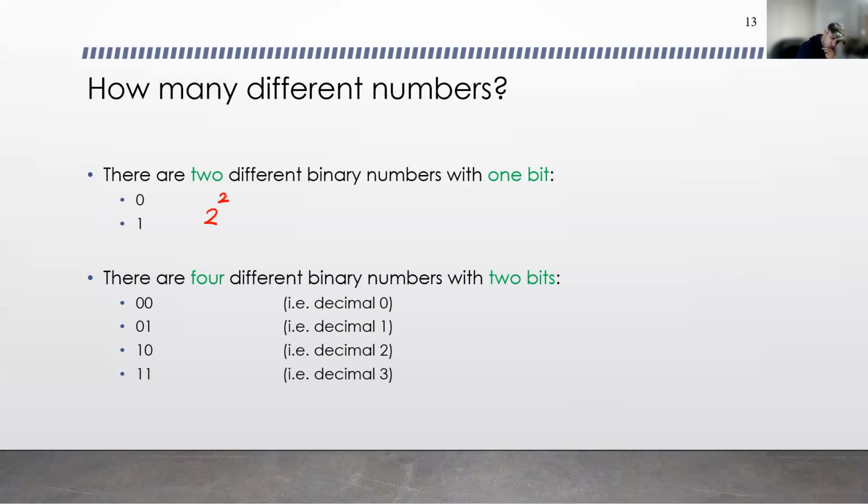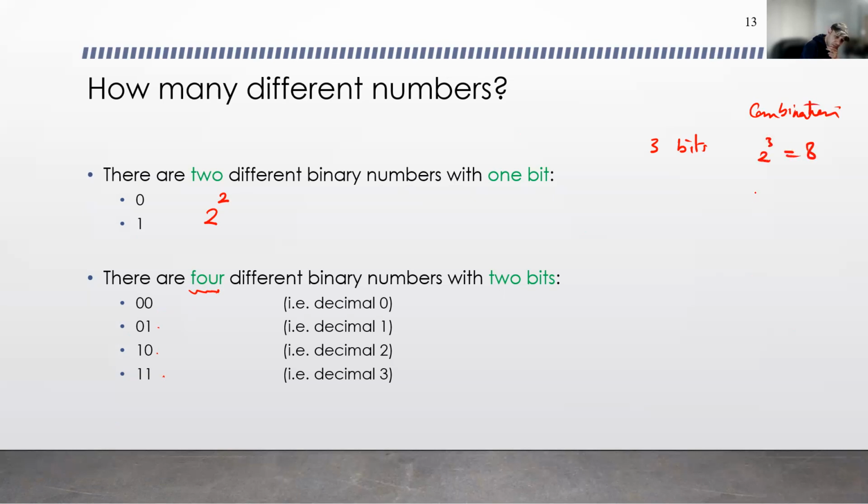So if you have 2 bits, then 2 to the power of 2 gives you 4, which is basically 0 0, 0 1, 1 0, 1 1. If you have 3 bits, then the number of combinations will be 2 to the power of 3, which is 8.